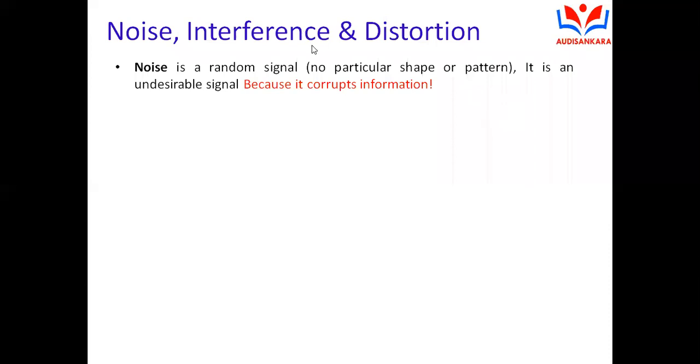Then, about the channel, we have already discussed the main things: noise, interference, and distortion. What is meant by noise? Noise simply means disturbance. Whenever an unwanted signal is added to the original signal, the shape of the original signal changes.